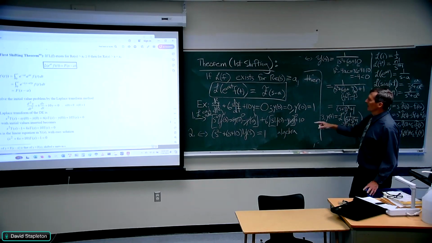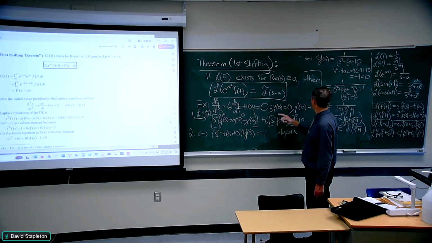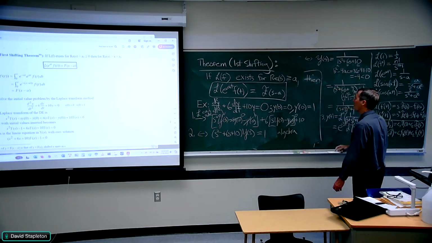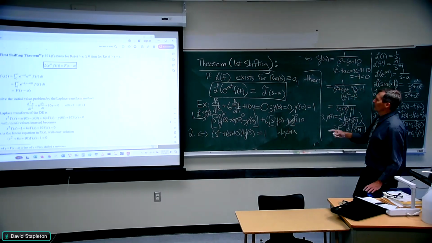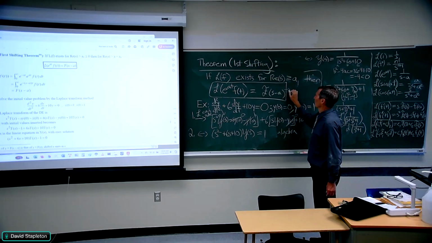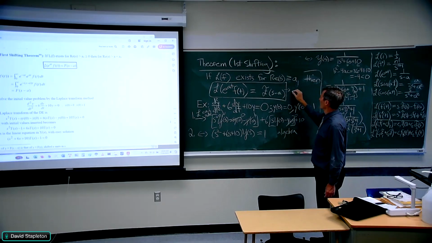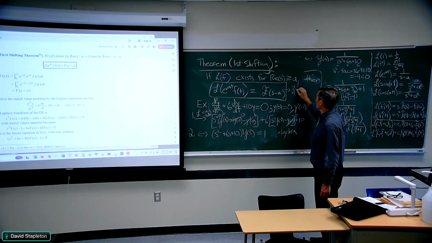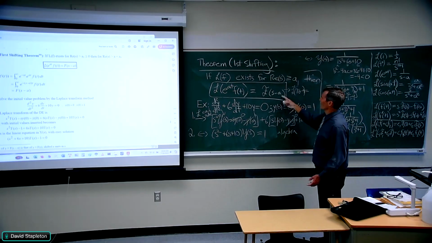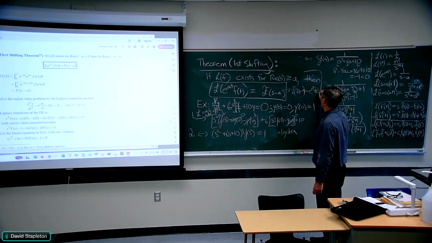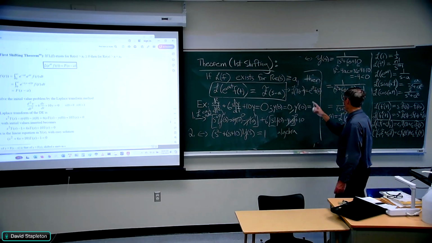So this implies that the inverse transform of f at s minus a, this is the backwards thinking right here, must therefore be e to the at f of t. And so that's what I'm writing here.